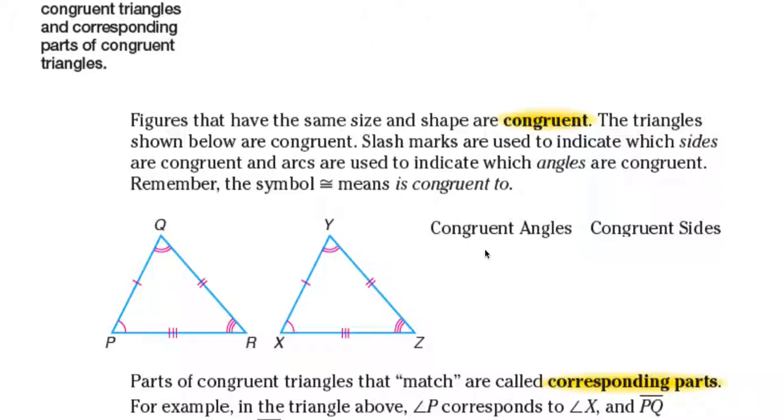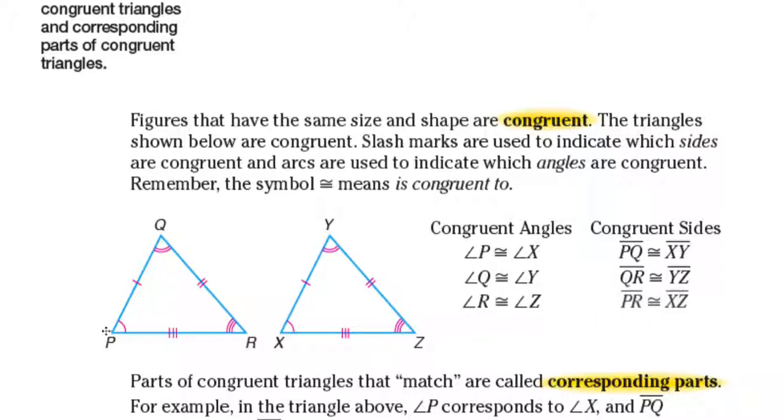So the congruent angles are: angle P is congruent to angle X, angle Q is congruent to angle Y, and angle R is congruent to angle Z. The congruent sides: segment PQ is congruent to segment XY, segment QR is congruent to segment YZ, and finally segment PR is congruent to segment XZ.